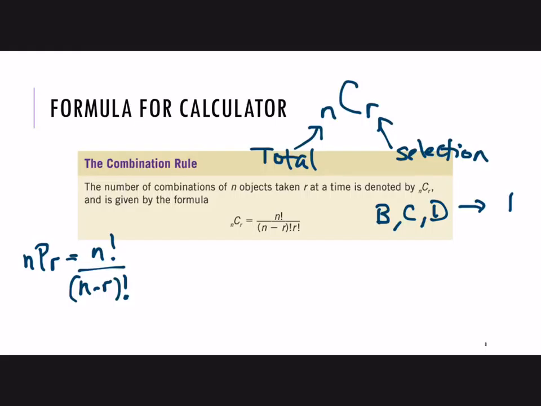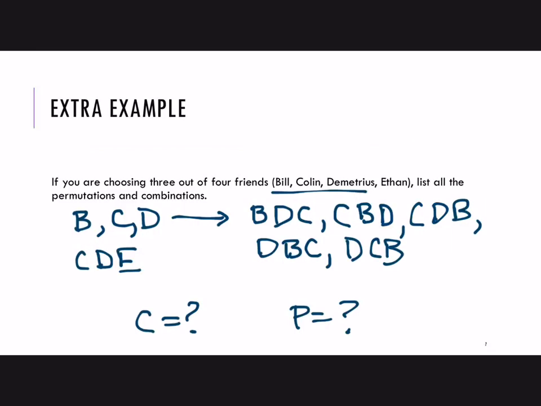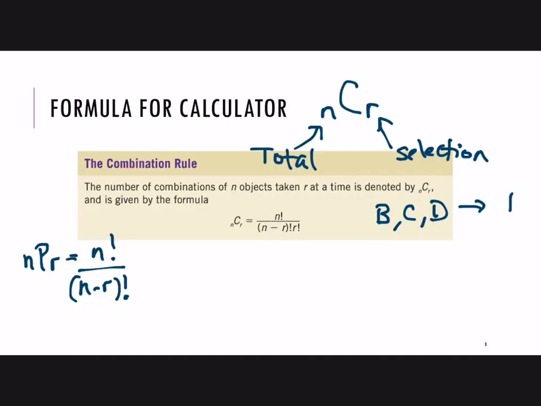But if we look at the permutations, there were 5 other arrangements, or in total 6 arrangements, that represented the number of permutations that went with that one group of 3 people. So we have one combination, but 6 permutations. Well, why is it 6? Because we're looking at how many ways there are to arrange those 3 things, or 3 factorial.